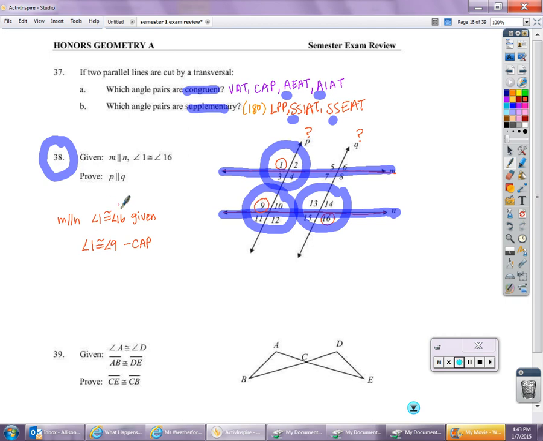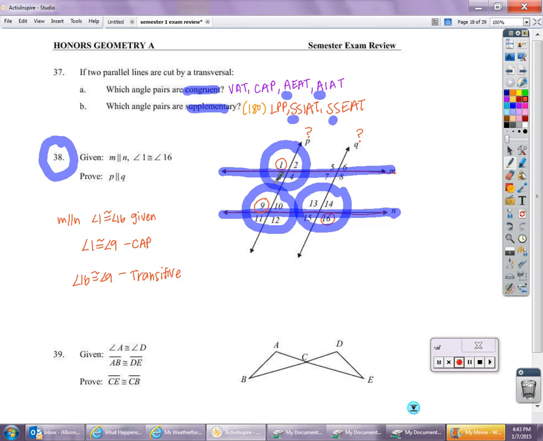Alright, so if 1 is 16 but 1 is also 9, you know that 16 and 9 have to be the same through transitive property. You could think of it as 16 is 1 and 1 is 9, so 16 is 9. When two things equal the same thing, they equal each other, that's transitive property.